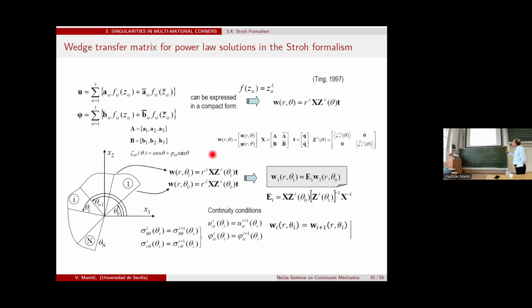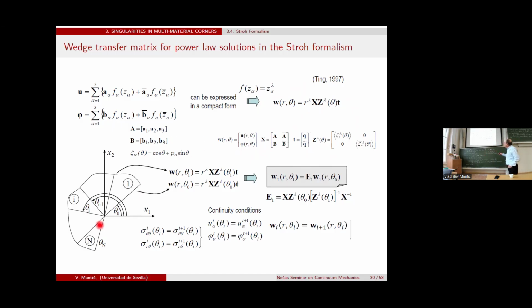So we define this vector W as this sixth order vector. We organize matrices A and B and their conjugates in this 6 times 6 complex matrix X. And we will also work with this sixth order diagonal matrix Z. So using this power law expression for function F, we have this power law expression for the W vector, which combines both displacement and stress function vector.